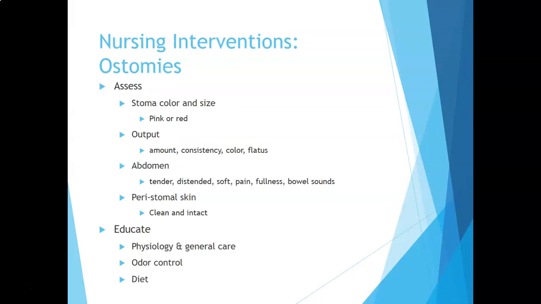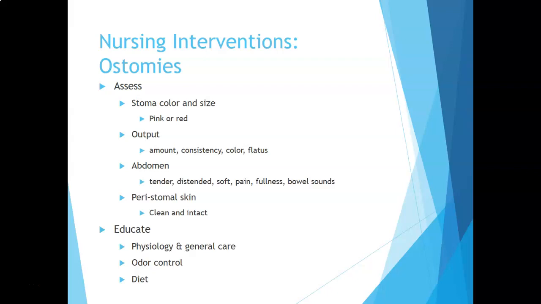So nursing interventions, assess, of course. We want to make sure we're assessing that stoma site, make sure it is pink or red, not dusky or purple or black. We're going to assess the output for amount, consistency, color, and if they're passing excessive amounts of flatus. Check the abdomen. Is it tender, distended, soft? Check for pain. Do they feel very full?